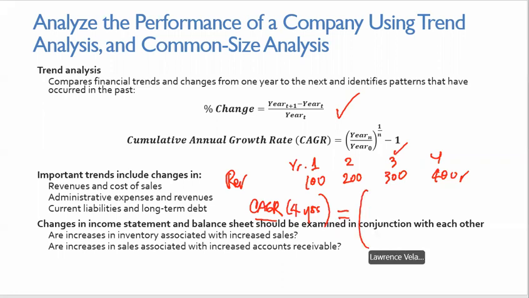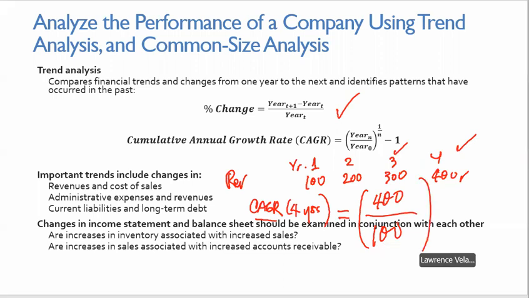Okay, so year n, year 4. So that's 400 divided by the first year. That's 100. Okay, raised to 1 over what?